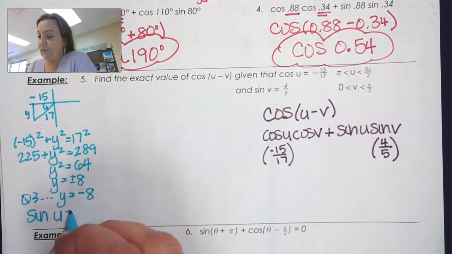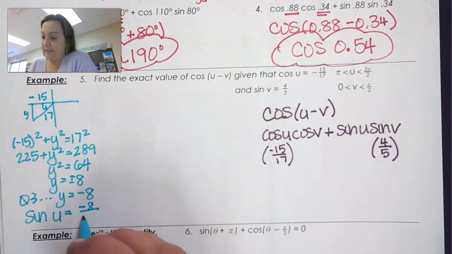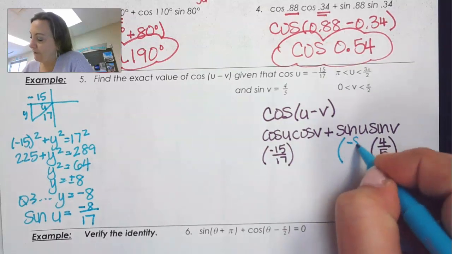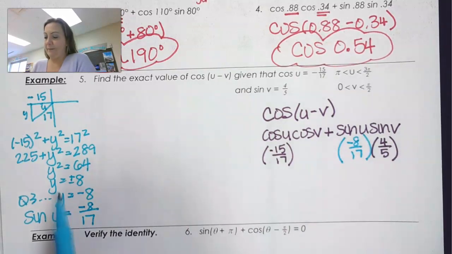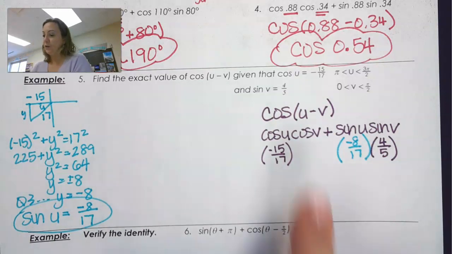So the sine of u is going to be the opposite, which is -8 over 17, the hypotenuse. So now we have that piece of the puzzle. But now we also have this other thing to figure out. We also need to find the cosine of v.